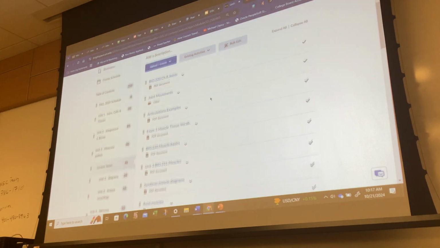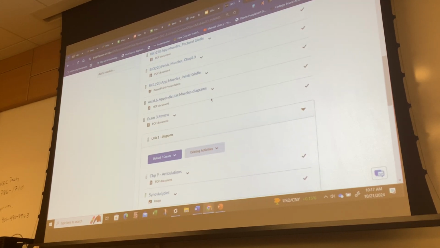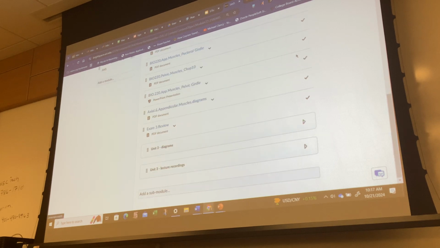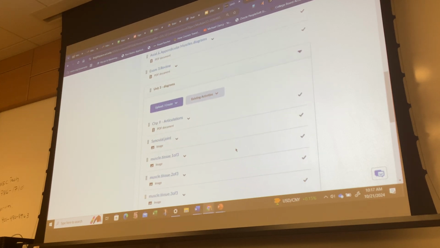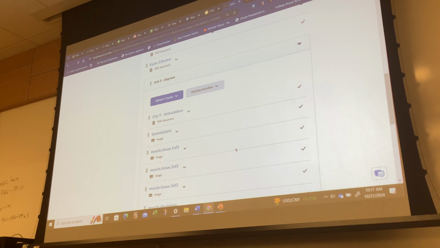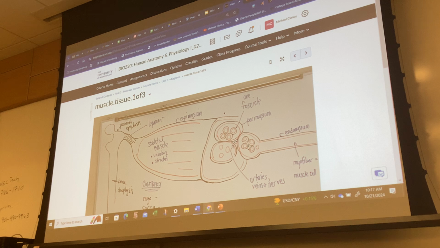I have a whole bunch of stuff in my lecture notes here, and then right here there's Unit 3 diagrams. The recordings really aren't relevant. I should just take those out. There are 3 drawings right here. It says muscle tissue 1 of 3, 2 of 3, and 3 of 3. Here is an old fashioned drawing that I did the old fashioned way on the board.